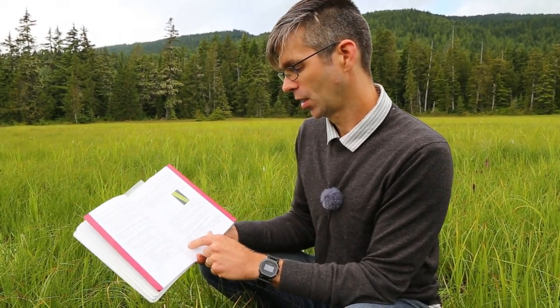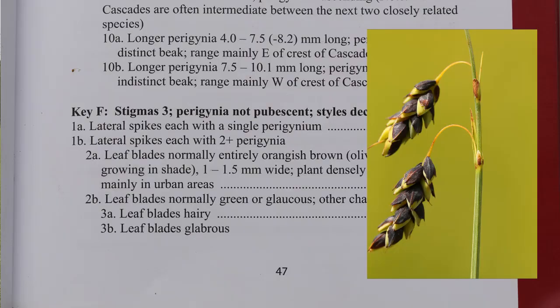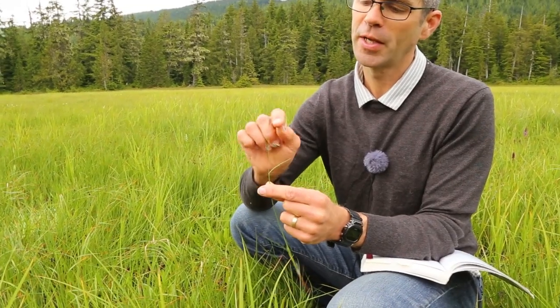The first part of the key compares 1A to 1B. 1A says lateral spikes each with a single perigenium, or 1B lateral spikes each with 2 or more perigenia. So these are the lateral spikes.